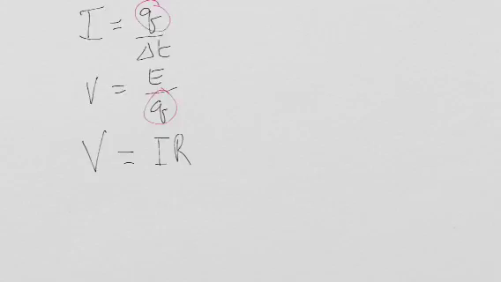The formula sets itself up as the potential difference being equal to the relationship between the current intensity and the resistance in a resistor in a circuit. If you look at this, we see that Q repeats in two of them, I repeats in two of them, and V repeats in two of them.